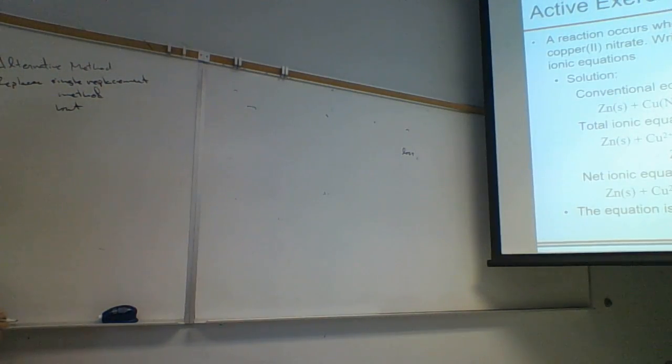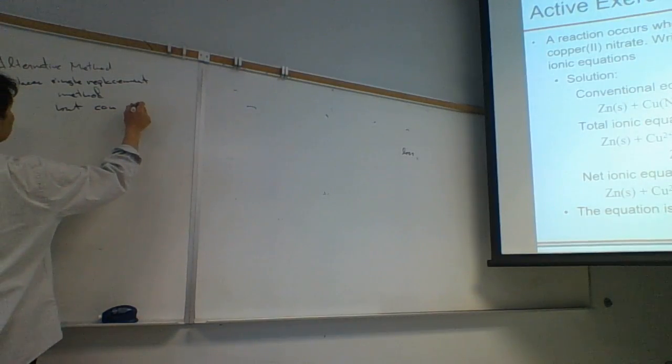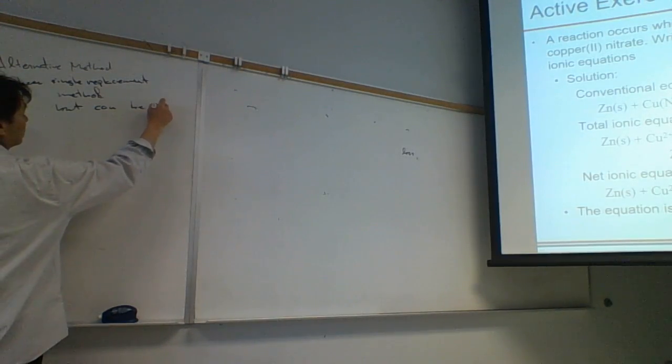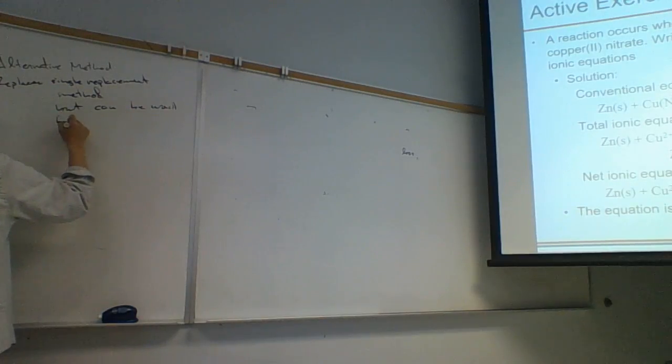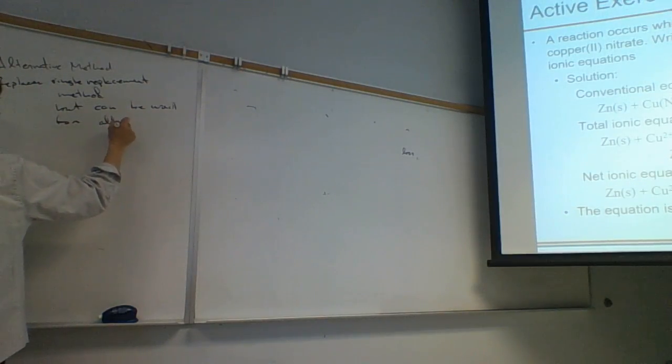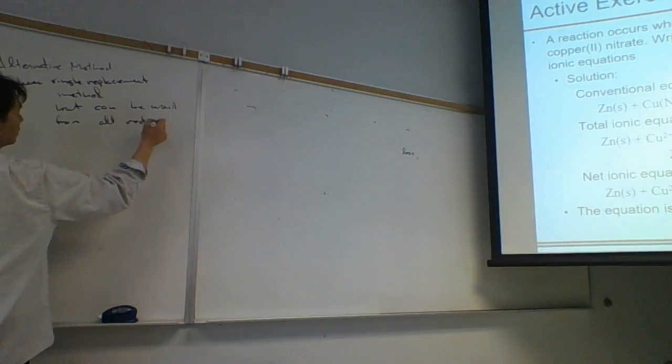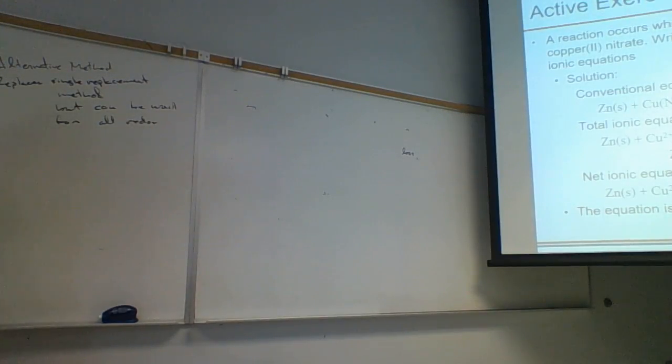opens up for many, many types of reactions. And so, but can be used for all redox. Still, I shouldn't say all, because all redox that you'll find on the chart.